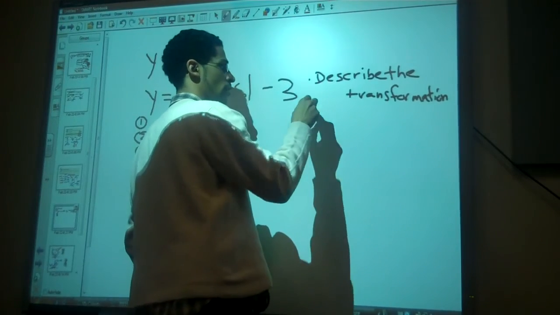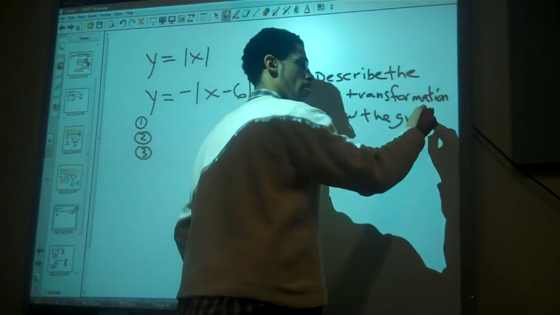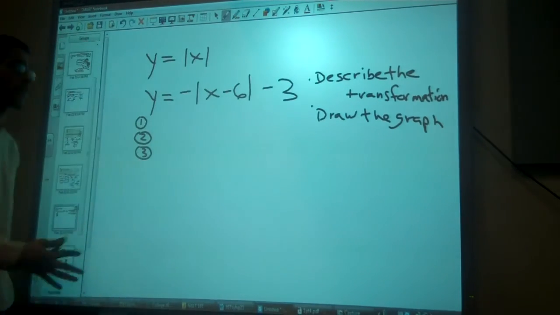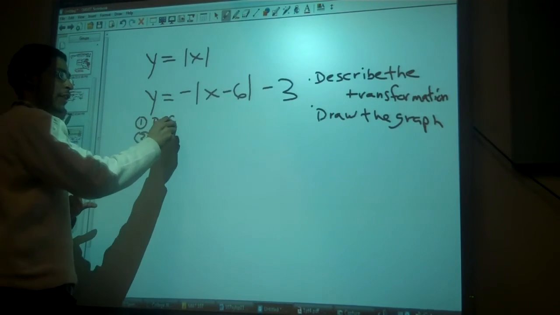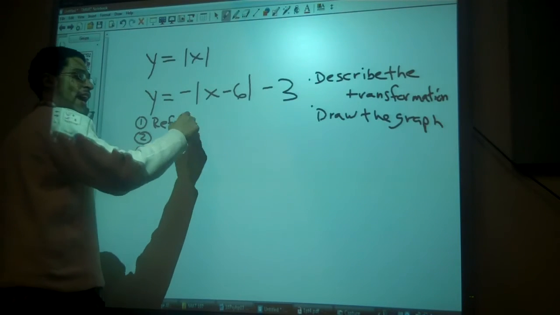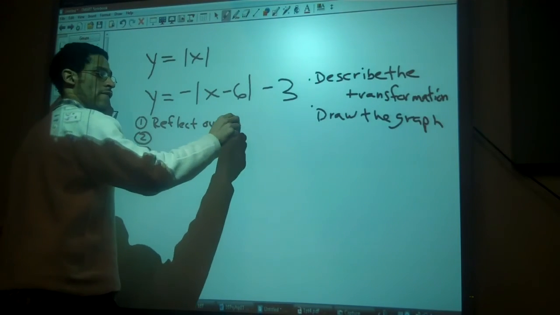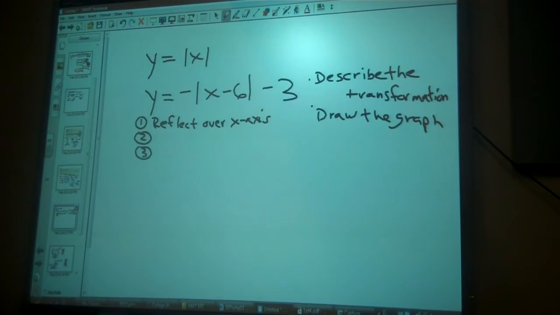And then draw the graph. It's just a combination of everything we've done so far. The graph needs to be reflected or flipped over the x-axis. It's the first thing we should do.